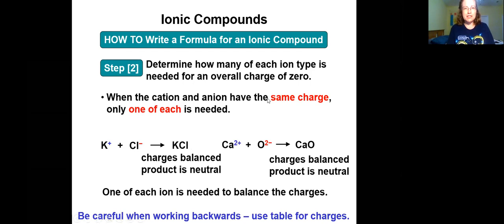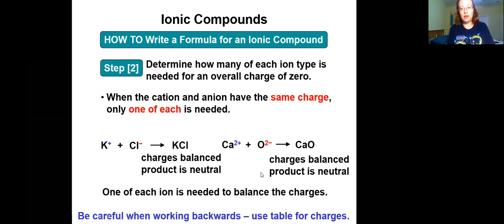A big mistake that people make a lot is they see that this is 1 to 1, and so they tell me that calcium has a +1 charge and oxygen has a -1 charge, but that's not true. We use the periodic table to check and see, oh, calcium's in group 2A, so he's +2. Oxygen's in group 6A, so he's -2. Use the periodic table for charges.